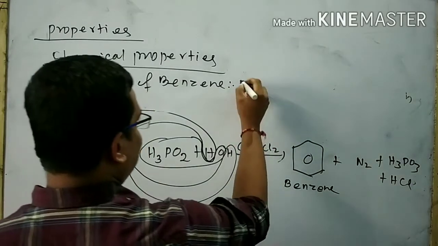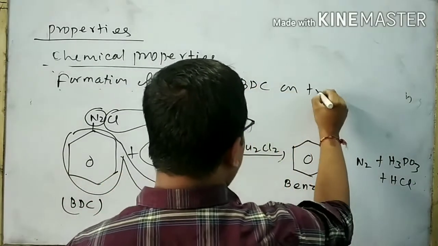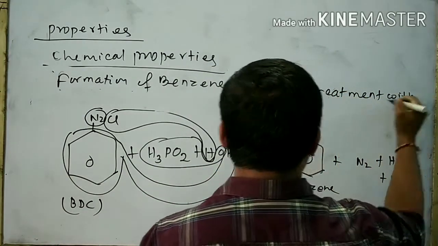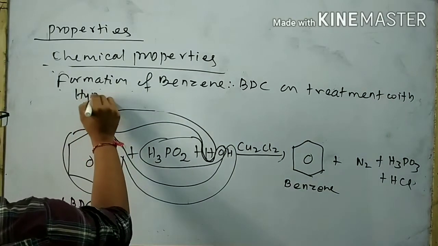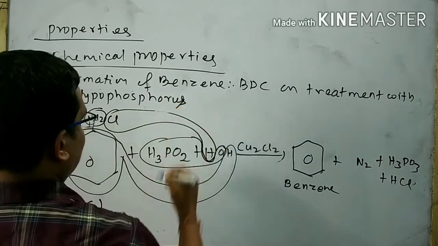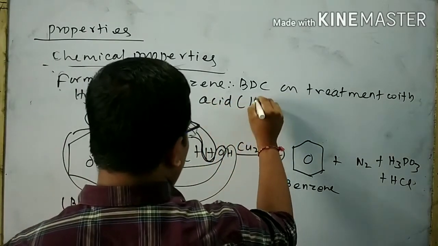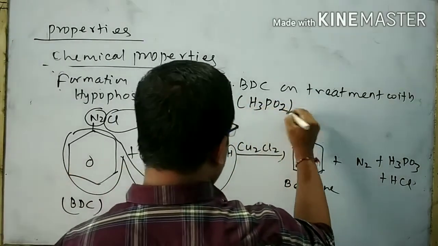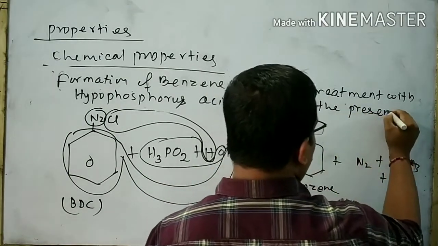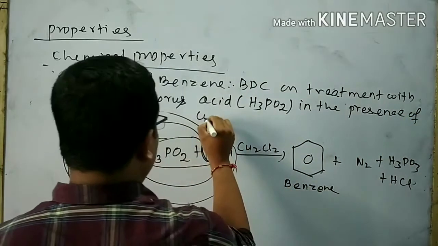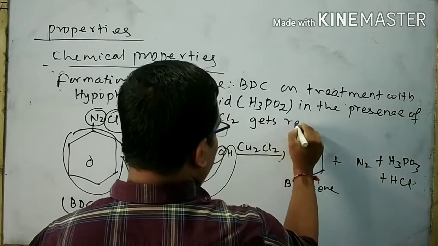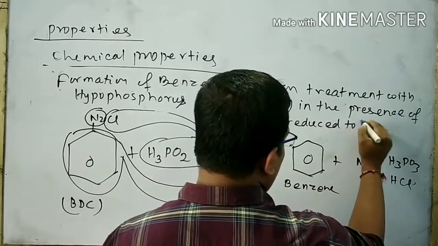So we can write a statement: BDC on treatment with hypophosphorus acid, that is H3PO2, in the presence of Cu2Cl2 gets reduced to benzene.